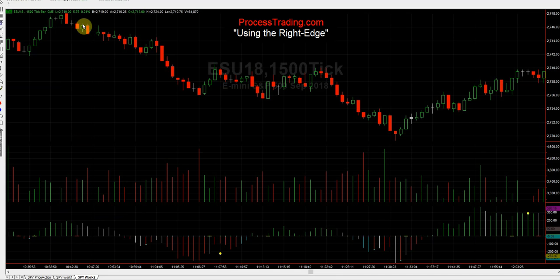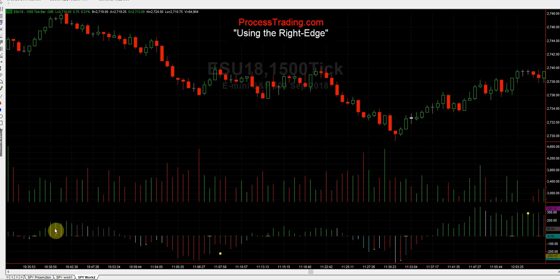Now it is true there is a down bar in price, but reading these bars is very non-intuitive and it's not logical. The price proxy for volume that tells you the energy behind the demand that's coming in or the supply that's coming in or the buying and selling is very intuitive and very logical.